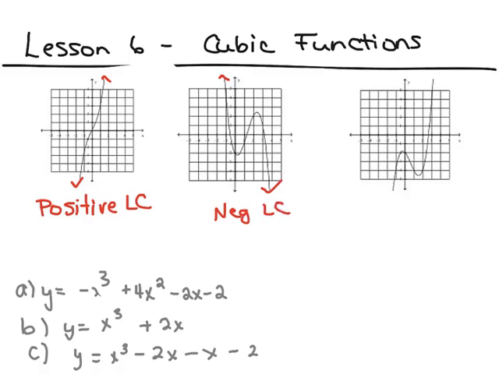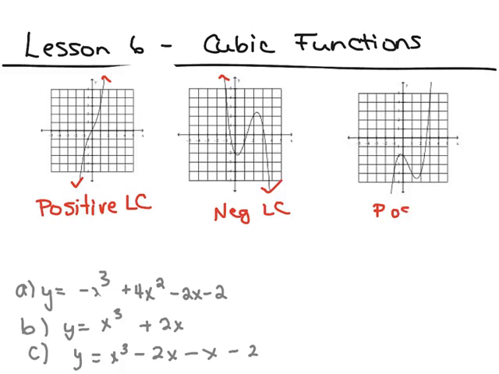And this one is like the first one, so it has a positive leading coefficient. The next important piece of data is the y-intercept, and that's because it's our constant term. So for this one, the y-intercept is equal to 0. For this one, it's equal to -2. And for this one, it's equal to -2 as well.